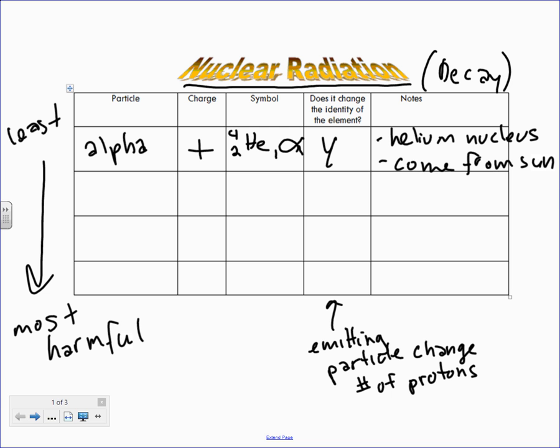Okay, the next letter in the Greek alphabet, if you keep up in Brave New World or just know this off the top of your head, is beta radiation. Beta radiation is a little less common. It's smaller. What I want you to jump over here with notes, beta radiation is actually negative in charge.